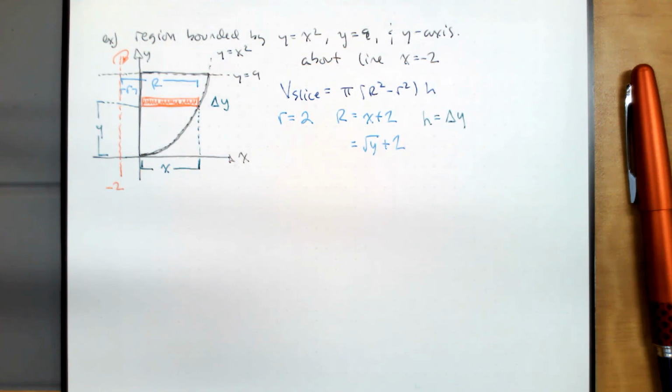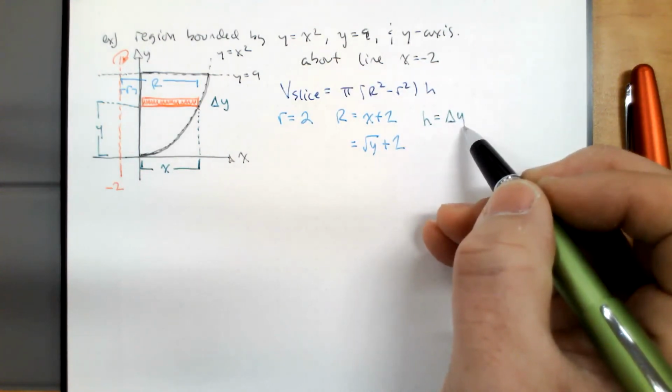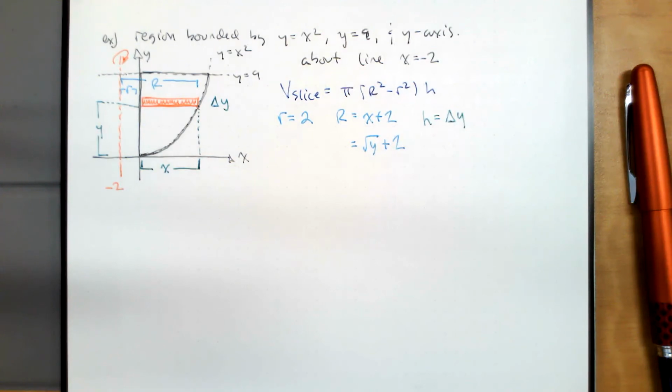Questions? What did we do? X is incompatible with my delta. Once we decide on the delta variable as delta y, everything has to be in terms of y.